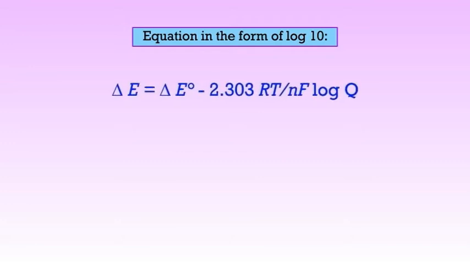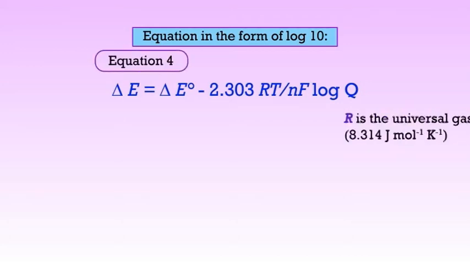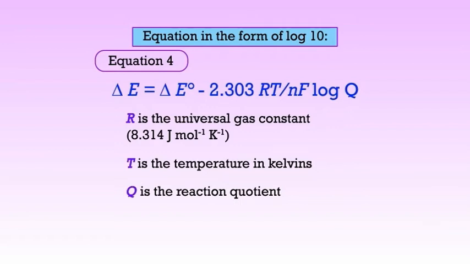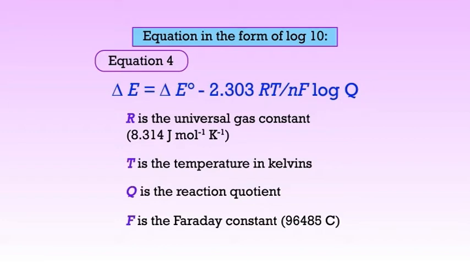This equation can be rewritten in the form of log base 10, which is ΔE equals ΔE naught minus 2.303 RT by nF log Q, which is equation 4, where R is the universal gas constant at 8.314 joules per mole per Kelvin, T is the temperature in Kelvins, Q is the reaction quotient and F is the Faraday constant, which is 96,485 coulombs.